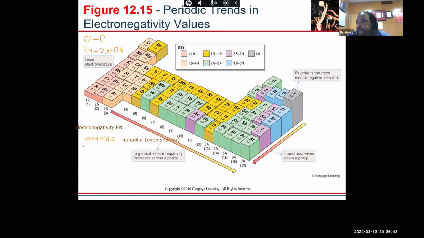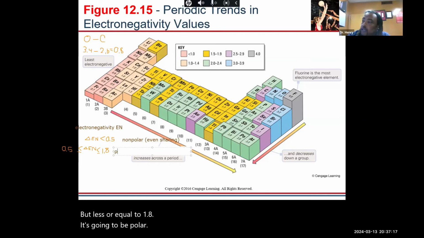If our delta En is greater than or equal to 0.5 but less than or equal to 1.8, it's going to be polar, or uneven sharing.